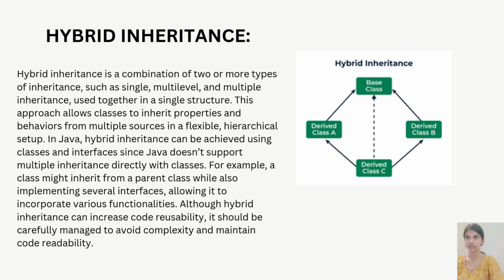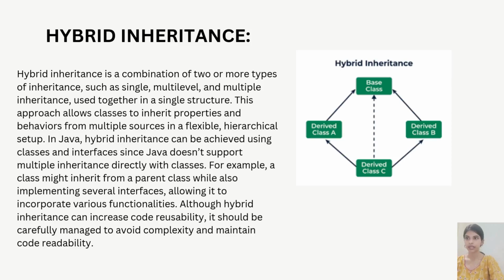Hybrid inheritance. Hybrid inheritance is a combination of two or more types of inheritance, such as single, multiple, and multi-level inheritance used together in a single structure. This approach allows classes to inherit properties and behaviors from multiple sources in a flexible hierarchical setup. In Java, hybrid inheritance can be achieved using classes and interfaces, since Java does not support multiple inheritance directly with classes.